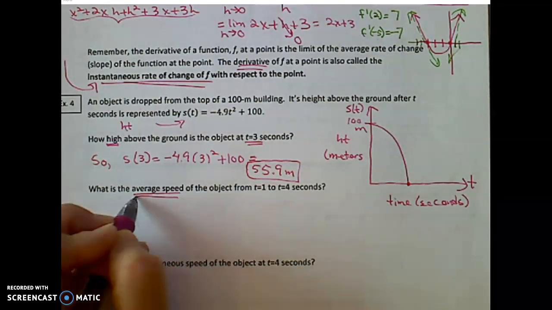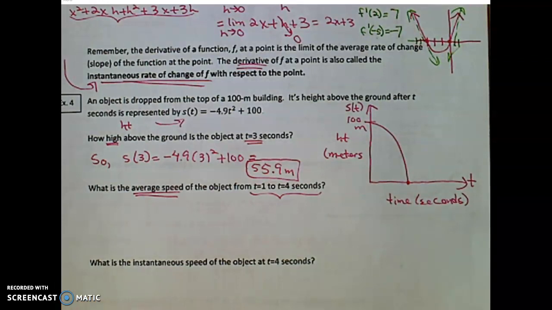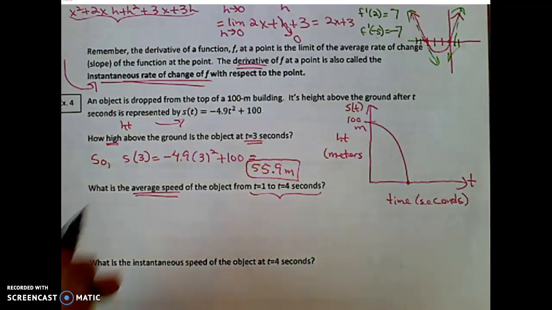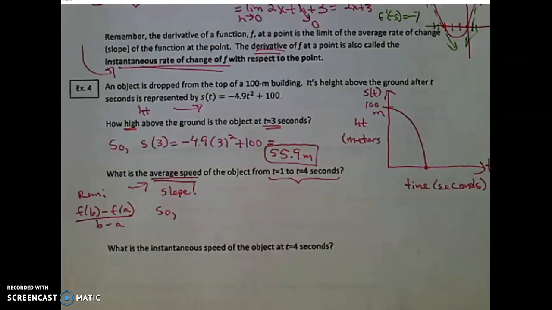What's the average speed of the object between t equals 1 and t equals 4 seconds? Pause and think about how we find an average speed. Remember, average speed is simply slope, and we use y minus y over x minus x.